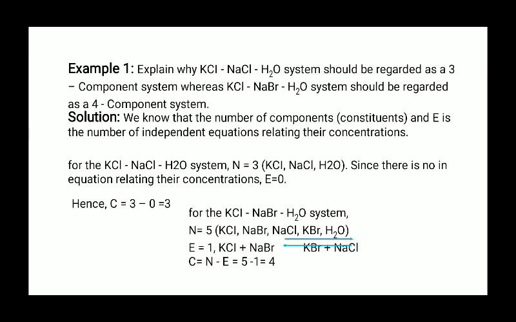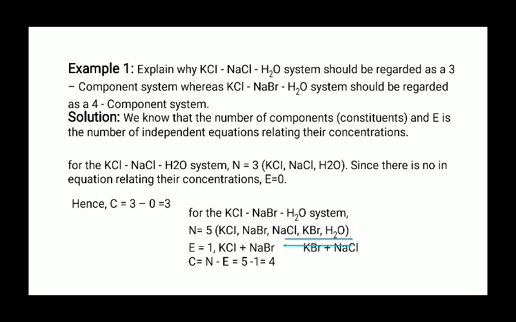These are some examples. Explain why the KCl, NaCl, water system should be regarded as a three component system, whereas the KCl, NaBr, water system should be regarded as a four component system.